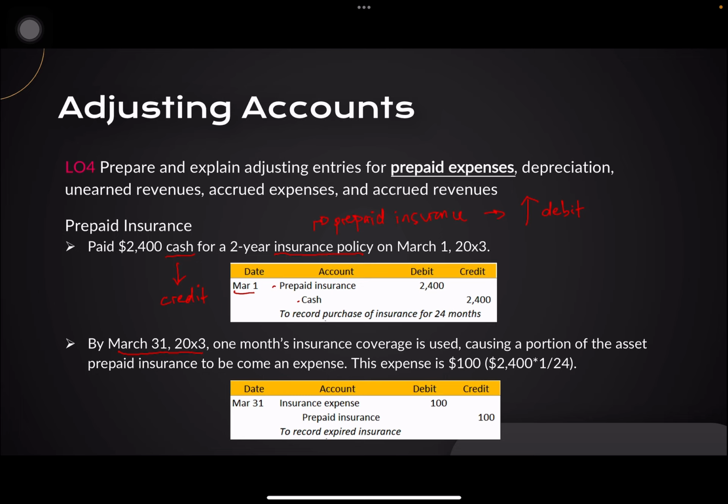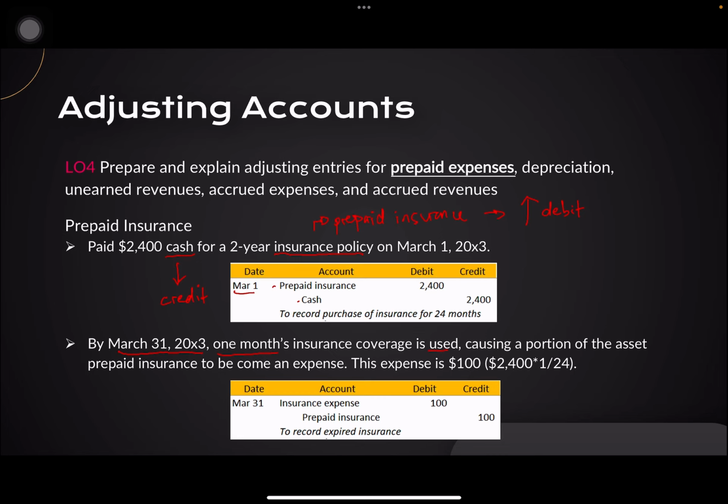So now, again, let's perform the first two steps of the accounting cycle, which are analyzing the transaction and journalizing it. It says here, 1 month's insurance coverage is used, causing a portion of the asset prepaid insurance to become an expense.